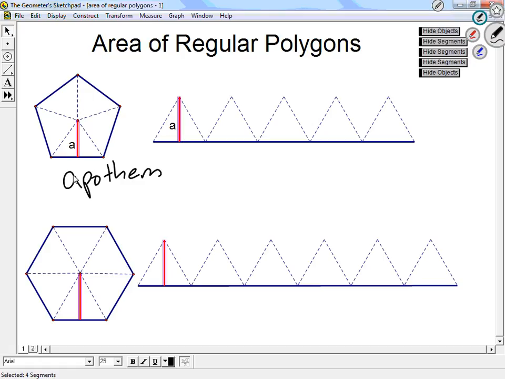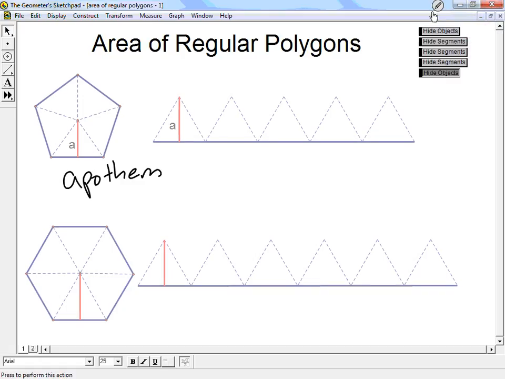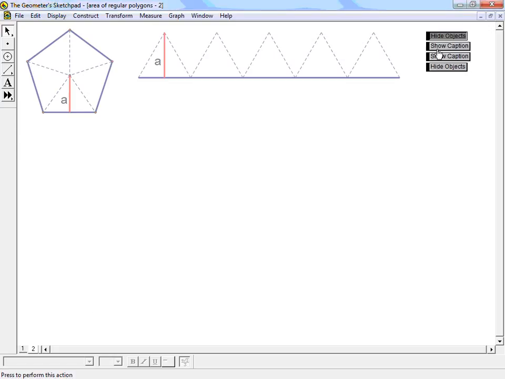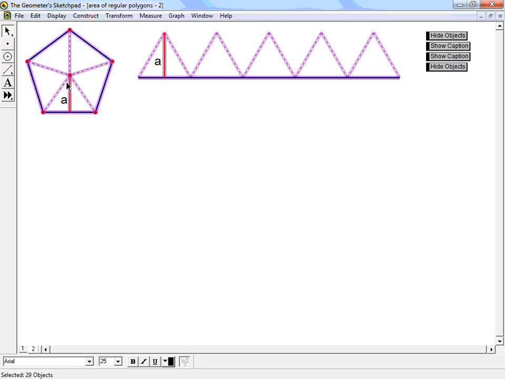Okay? So having this said, we're going to talk about the area of it. As an example, I'm just going to refer to my pentagon. Do me a favor and graph that pentagon to begin with. Graph it with the triangles, because I want to emphasize, I put an A on the apothem.